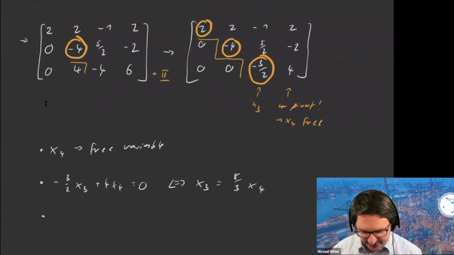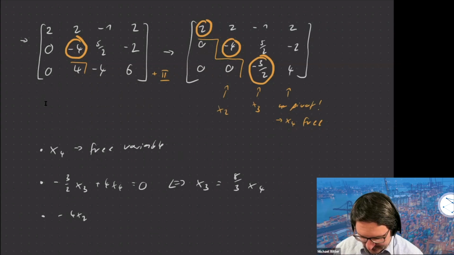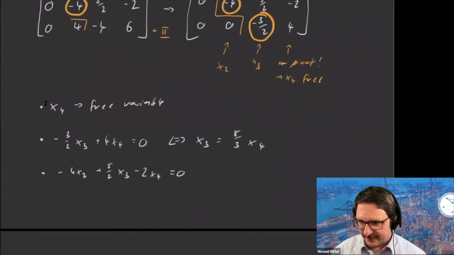Then for the next equation, this one here, there's the pivot element in here as well. That corresponds to x2. So we can solve this for x2. And this equation reads minus 4x2 plus 4 over 2 x3 minus 2x4 is 0.